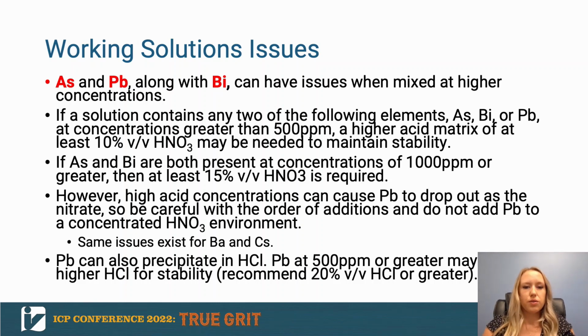But you do want to be careful with lead, because lead can drop out as the nitrate in higher concentrations of nitric acid. So you can manipulate the order of additions to make sure to add your lead later on when the solution is more dilute, to make sure that you don't have these kinds of interactions. And the same issues exist for barium and cesium.